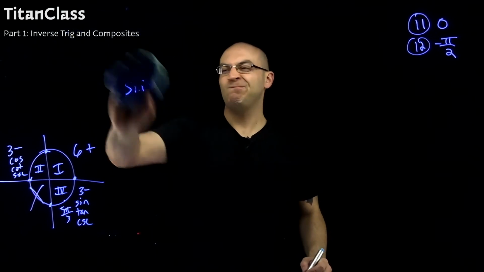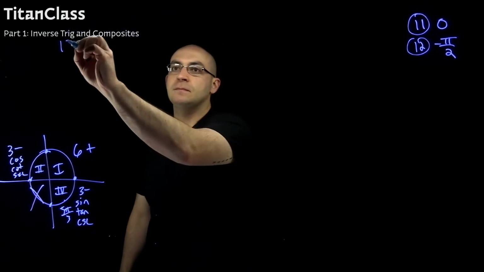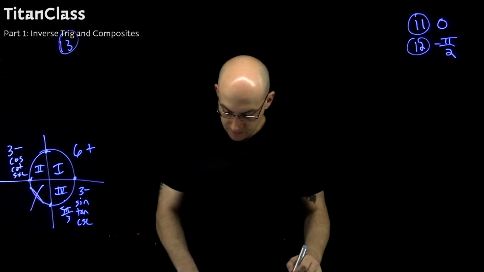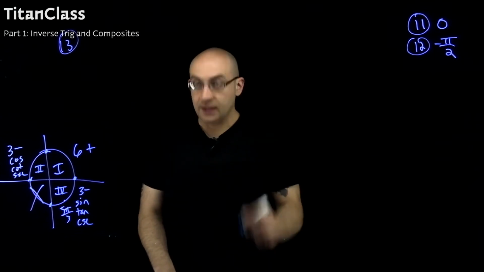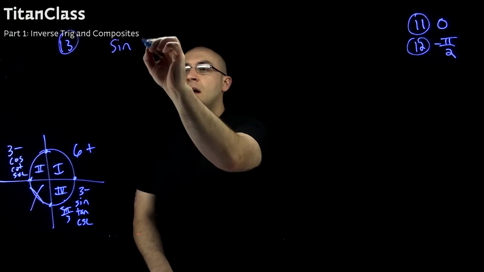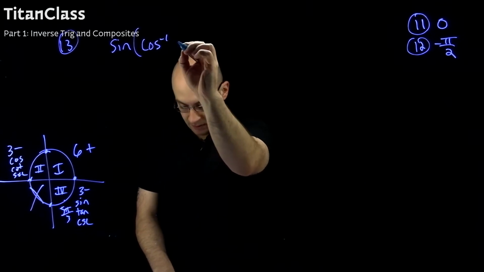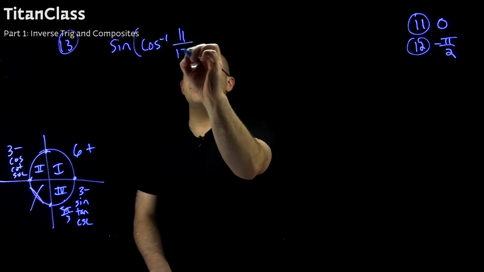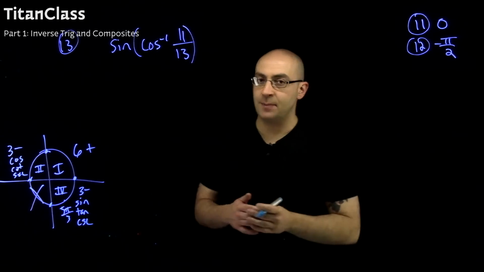Number 13. Sine of inverse cosine 11 over 13. Now this one has a different setup and a different makeup.